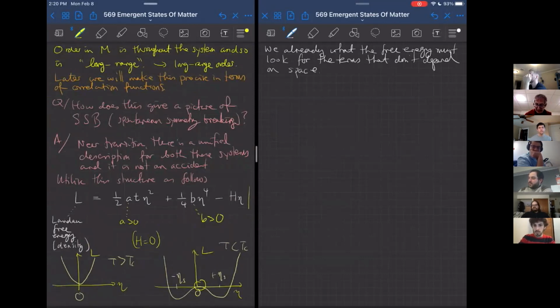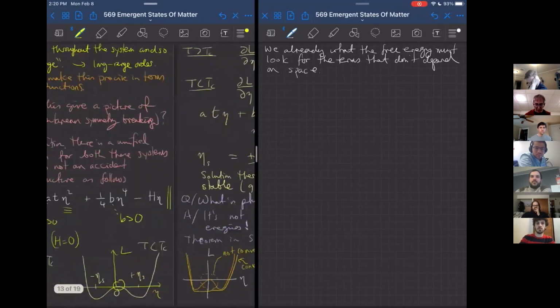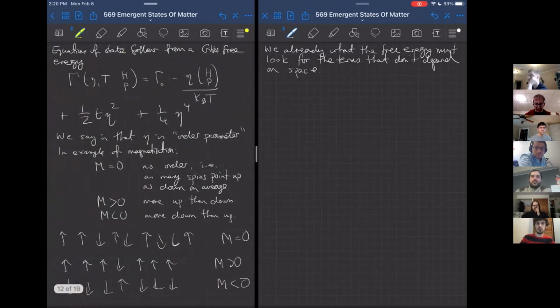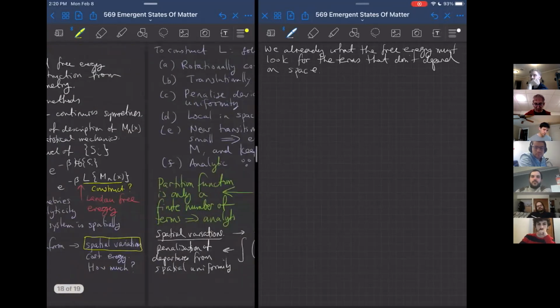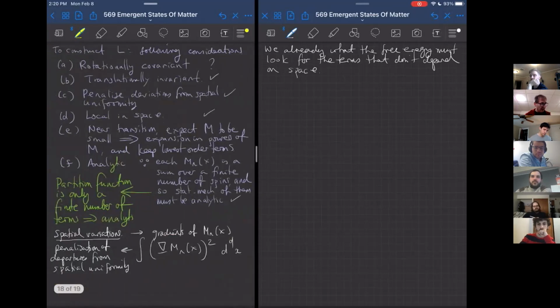This is just writing out what we saw explicitly for the Weiss mean field theory or the Landau free energy, this particular functional form. But this eta was the system-wide magnetization, the total magnetization. So now we want to make it local. So for those terms, we're going to say that L is now the integral over space.